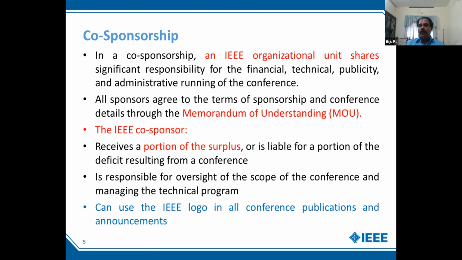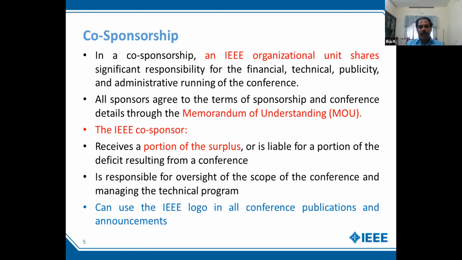In the case of co-sponsorship, more than one IEEE organizational unit comes into the organization of the conference, such as financial, technical, publicity, and administrative running of the conference. For this, all the co-sponsors have to come into an agreement known as a Memorandum of Understanding, MOU, which stipulates conditions on being co-sponsors of the conference.